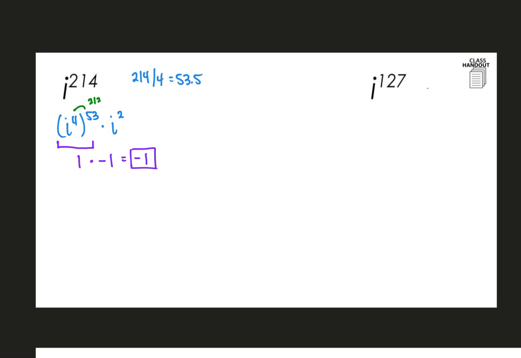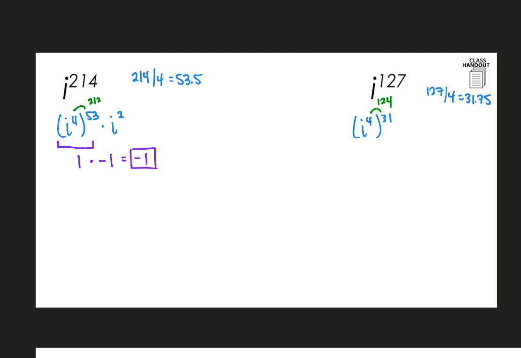All right, last example, 127 divided by 4 is 31.75. So I'm going to rewrite this as i to the 4th to the 31st power. 4 times 31 will get you to, not 126, 124.